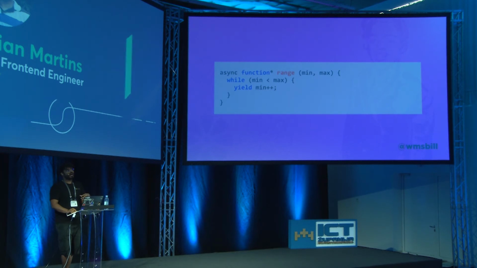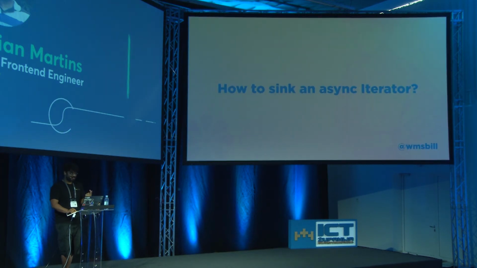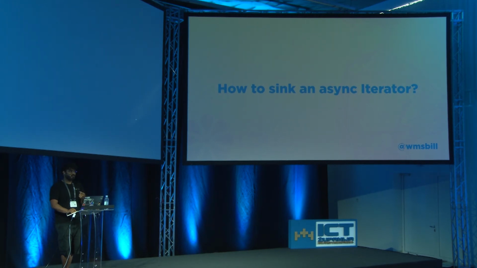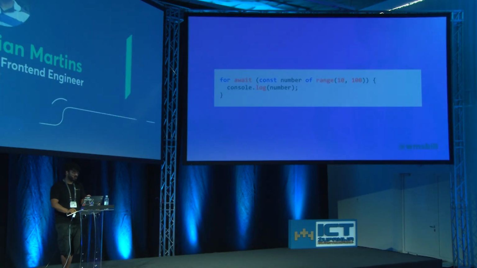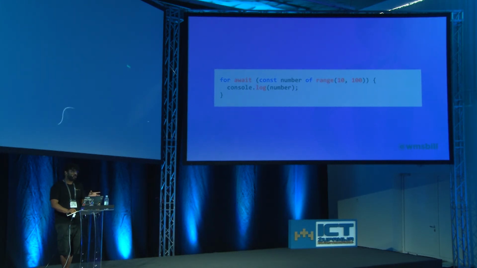Okay, how can I consume the async iterator, right? Since this is async, for of doesn't solve my problem. Okay, you can use the for await loop. And the for await of loop works similarly to the for of loop, with just one difference. It supports async data.